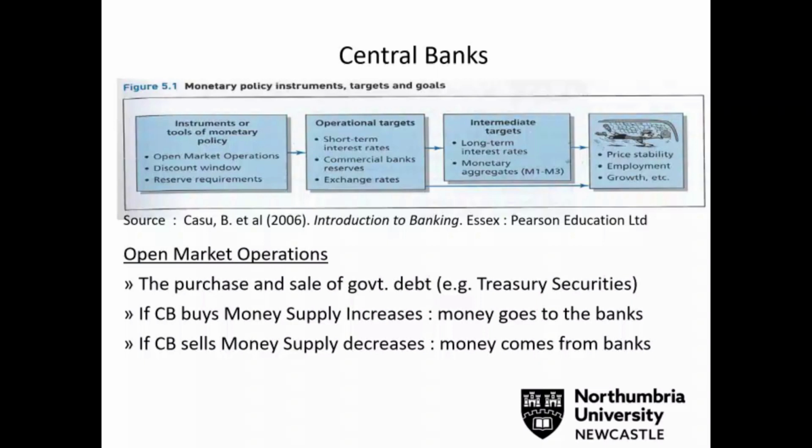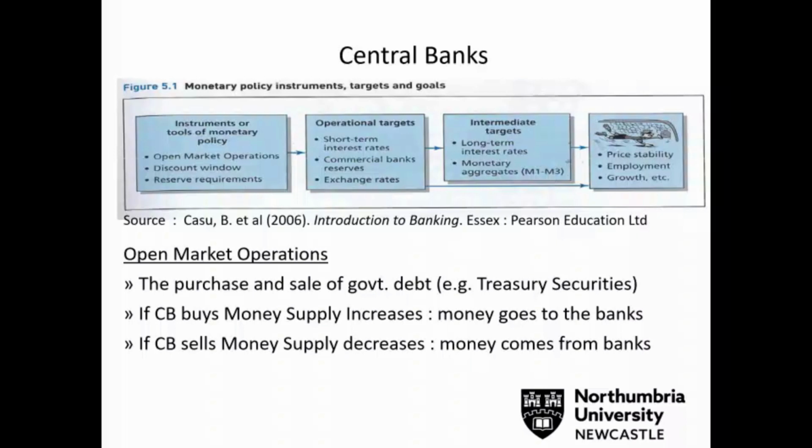So we've got what's firstly known as open market operations, and this is simple. You may see it on the TV or read about it as the concept of quantitative easing, where the central bank can essentially print money to buy or sell debt from the banking sector.